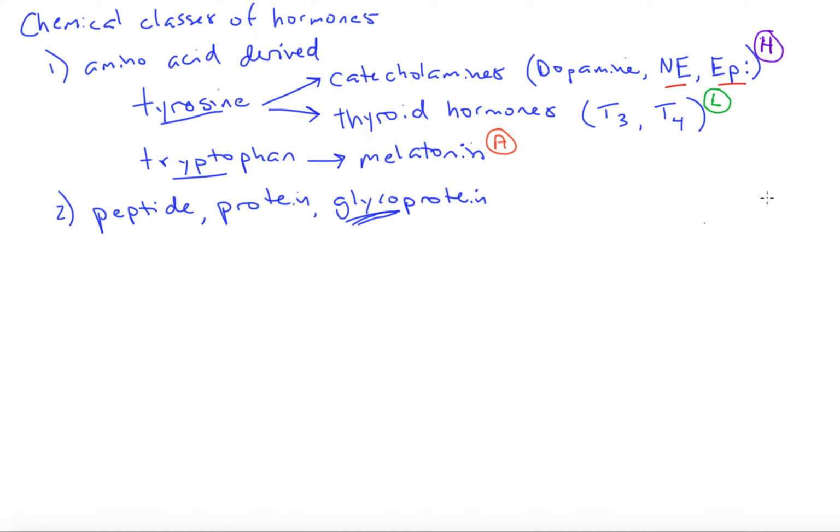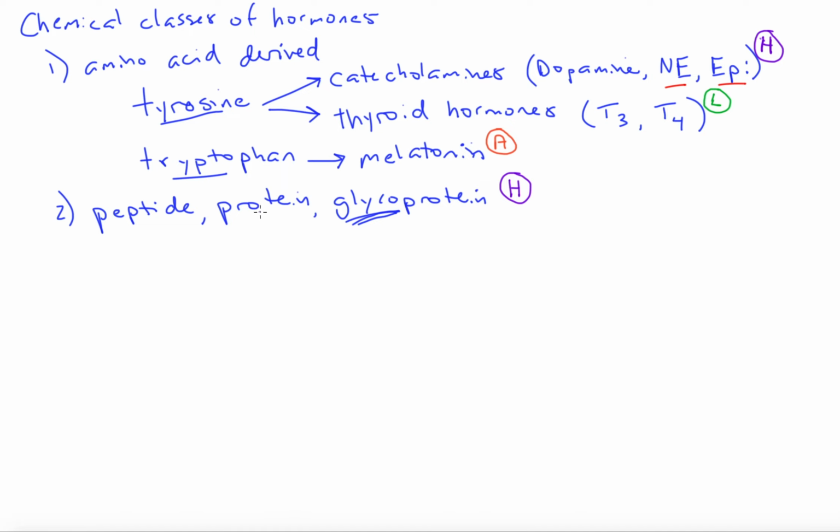These are all hydrophilic. Okay, and again, we'll come back to why that's important in terms of the receptor binding. The only other thing to point out here is the difference: peptides are, by convention, defined as amino acid sequences of less than 50 amino acids.